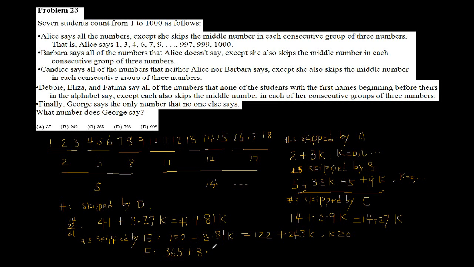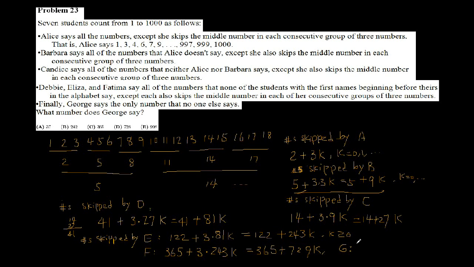Every 3, one skip from a group of 3, right? 243 times 3, and that is 365 plus 729k.